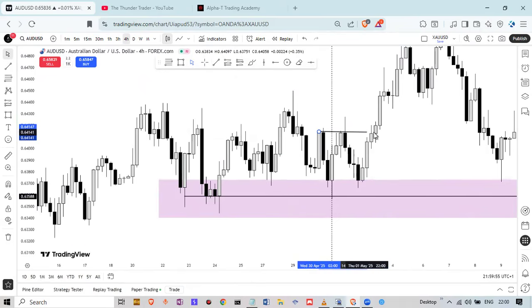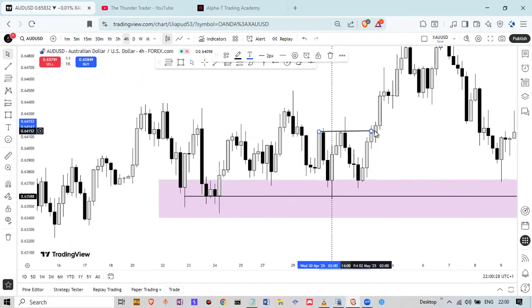Until price breaks above that level, it is not yet time to enter, or it's not yet the proper time to make that perfect entry. The moment we see this candle wick only pierced through the level, but the candle didn't close above the level, so you can't call it an external breakout.